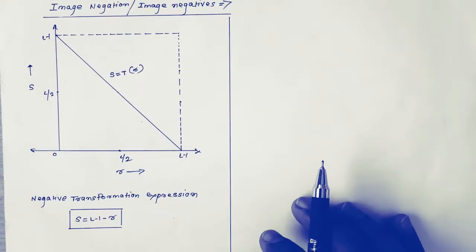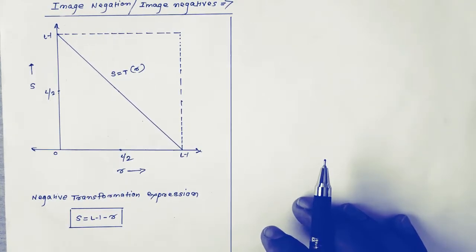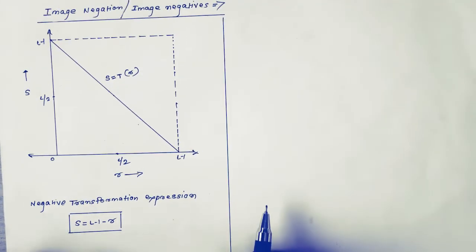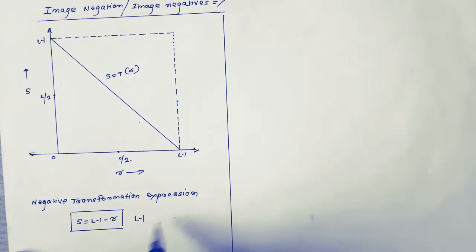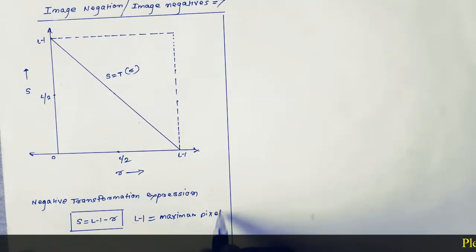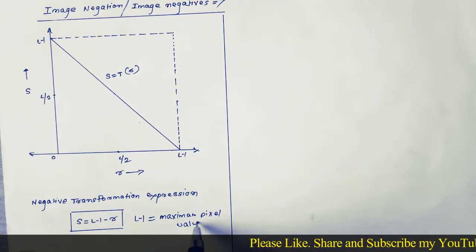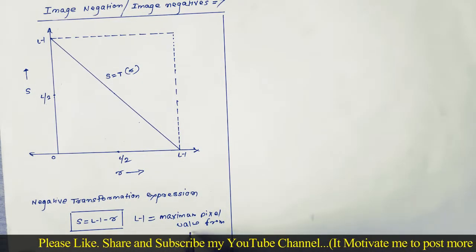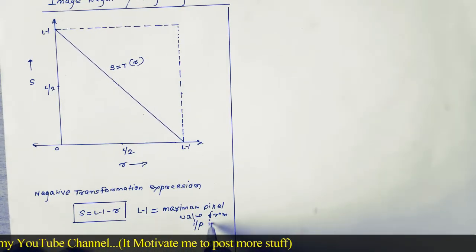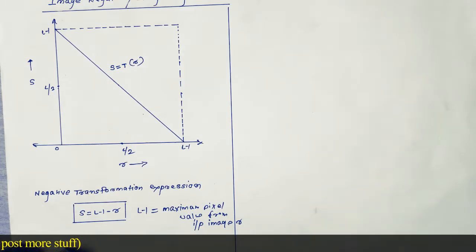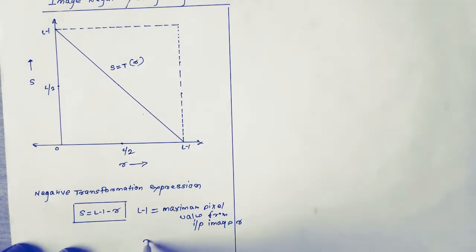The transformation expression that we use for finding image negation is S equal to L minus 1 minus R, where L minus 1 is nothing but the maximum pixel value from input image R. R is your input image that we want to convert to negative, and S is your output image.